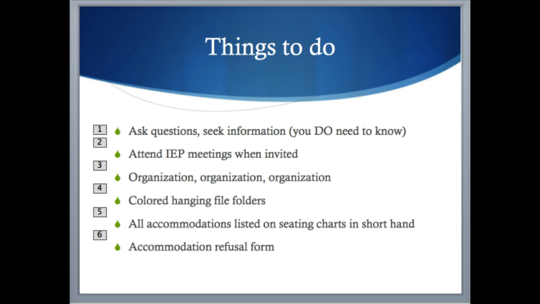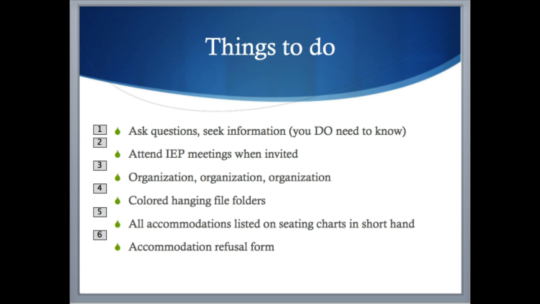So the third point in terms of things you need to do is you need to be very organized with the record keeping in relation to your students with IEPs. When you get those accommodation lists, you need to be sure that they go in a place where they do not get lost.